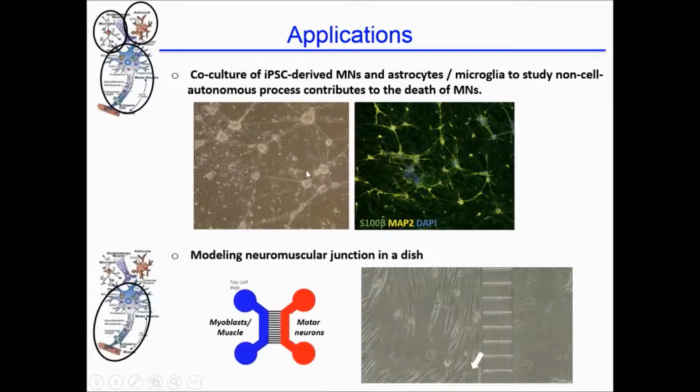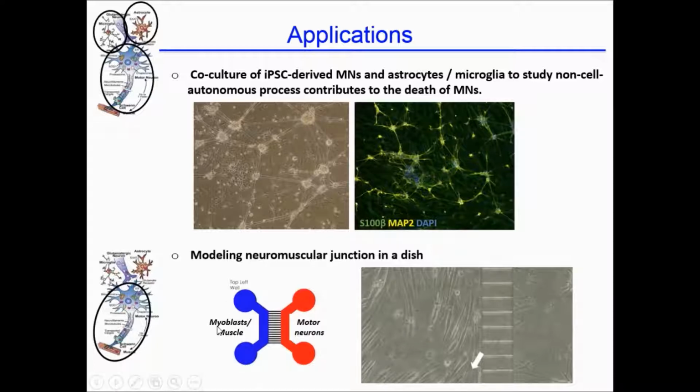And very quickly, another thing that I would like to mention, because it's an important part of what we're doing here, is that we really want to model the neuromuscular junction in a dish. And to do that, we use iPS-derived motor neurons, and we are also using myoblasts that we derived into muscle. For now, we're doing that with human muscle isolated from primary biopsies.